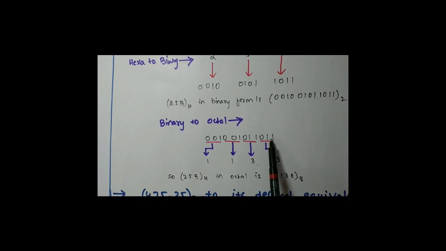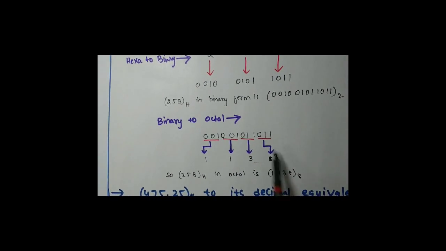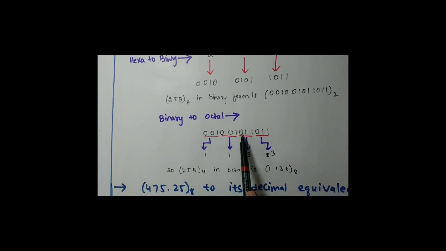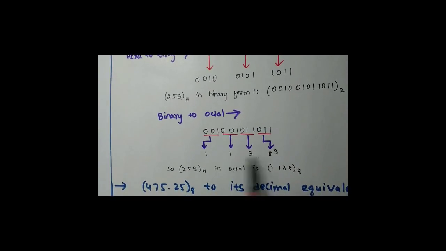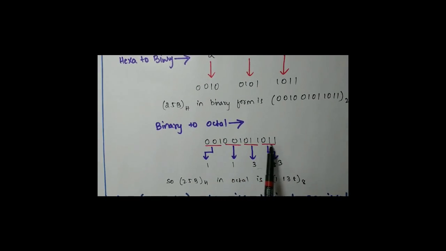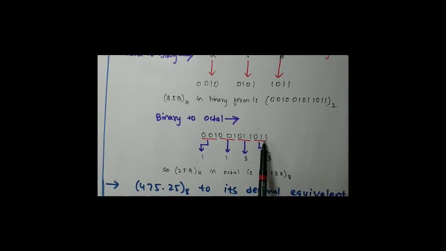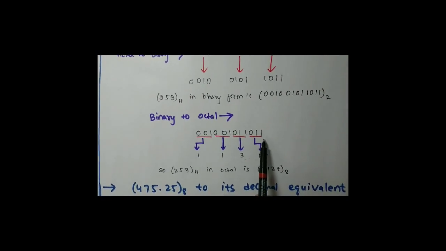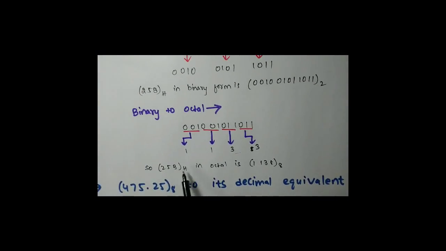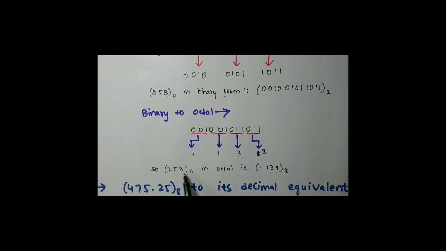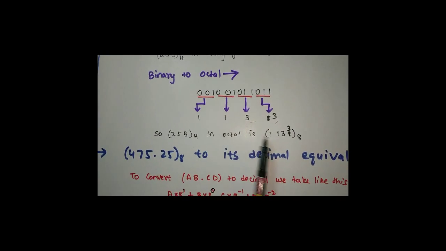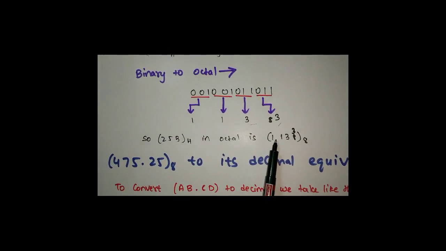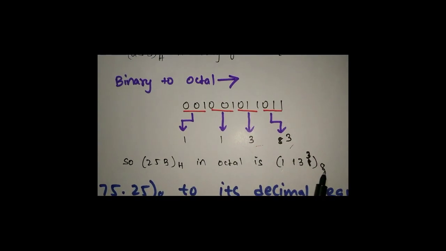The corresponding decimal value of 011 is 3, of 011 again 3, of 001 is 1, and of 001 is 1. These are the decimal numbers for the corresponding binary values. So we converted 25B in hexadecimal to octal, and the corresponding octal value is 1133 to the base 8.